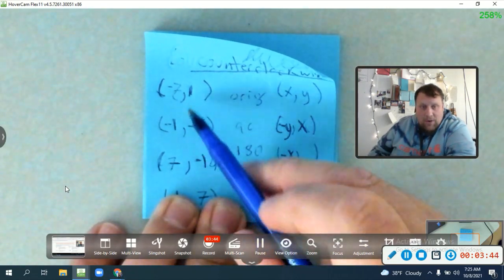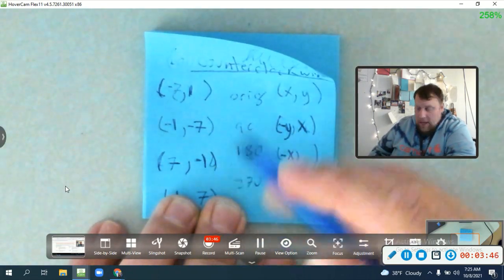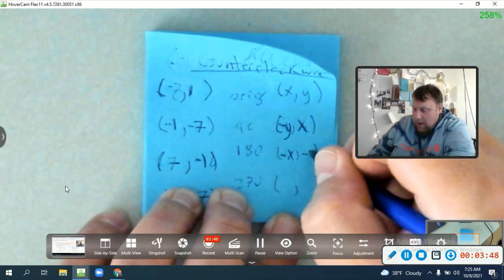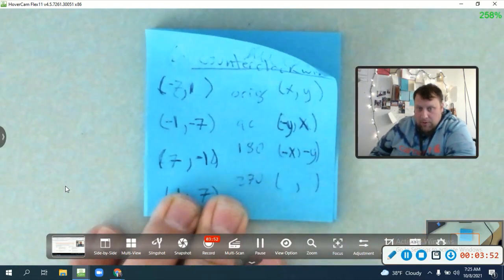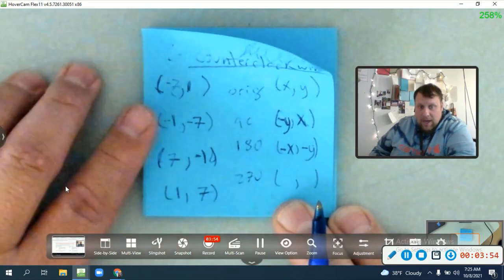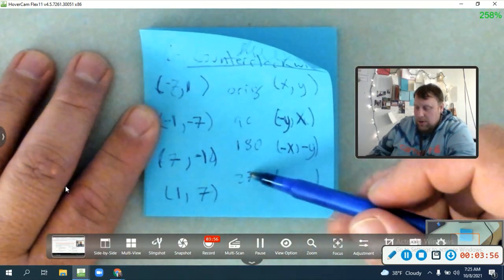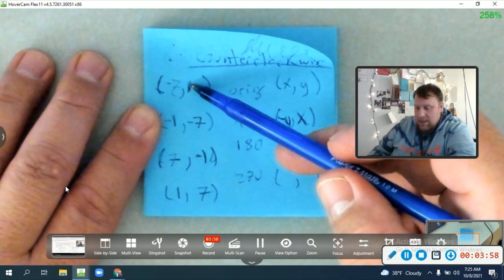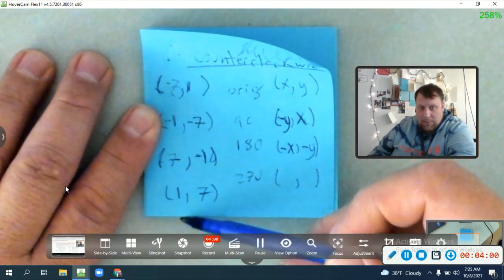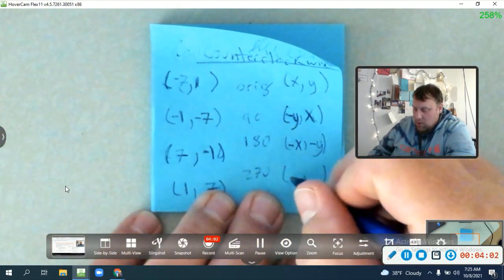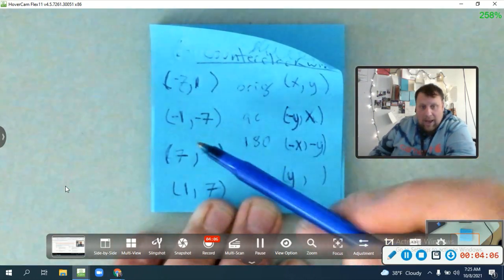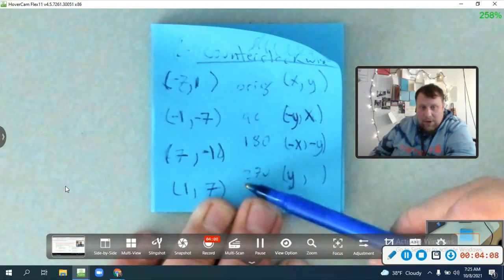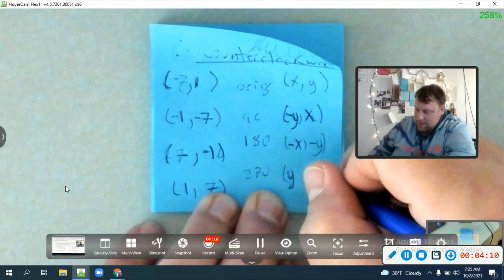The y value is also negative, so it's going to be -y. It's like we just took our original x, y and did the opposite of both. That's it. And then our last one, our 270-degree rotation, this time we took the y and put it right in the x, so just normal y there. And then we took the x, put it in the y, but the opposite of x, so -x.